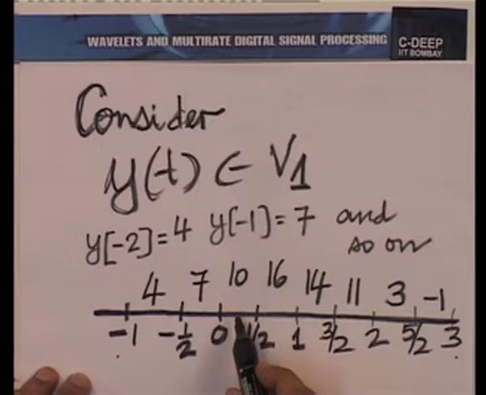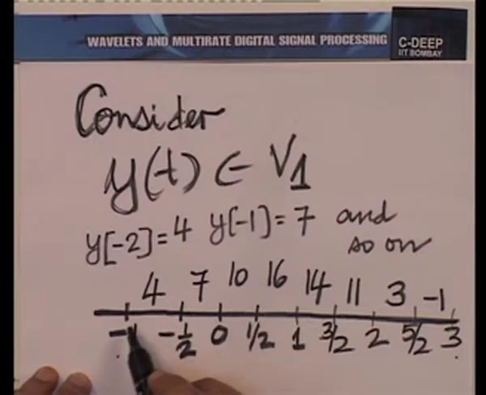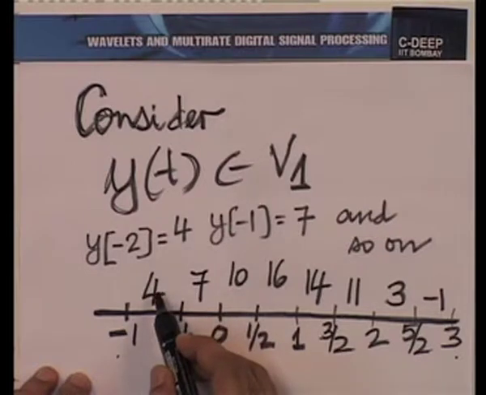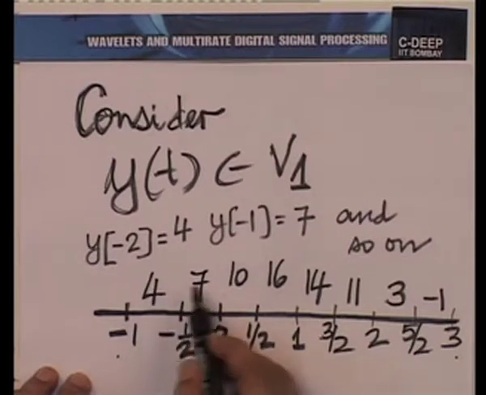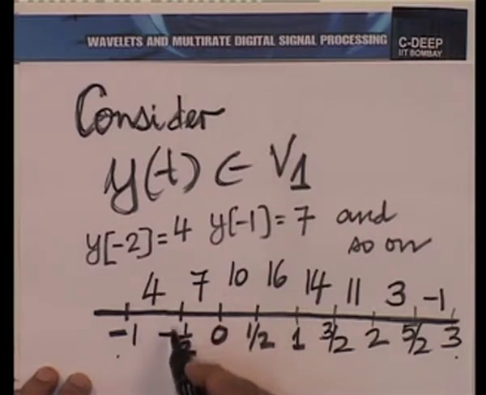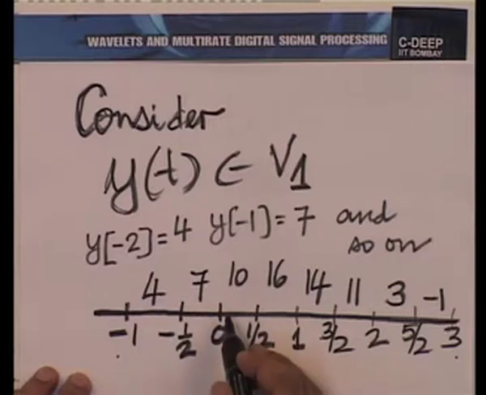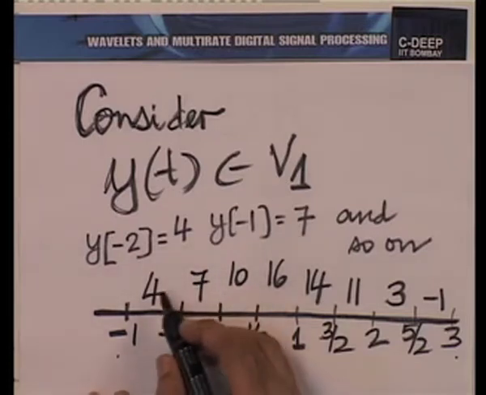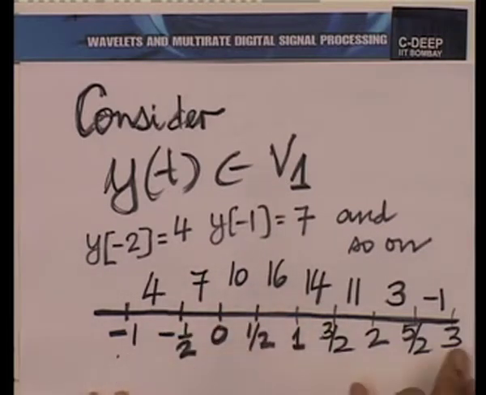And recall, for example, if you consider the interval from -1 to 0, the projection on V0 would be piecewise constant on that interval and would take the value given by the average of 4 and 7, namely (4 plus 7) by 2. On the other hand, the projection on W0 would be given by a multiple of the Haar wavelet located between -1 and 0, with a coefficient (4 minus 7) by 2 associated with it.